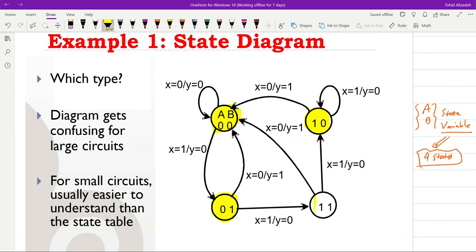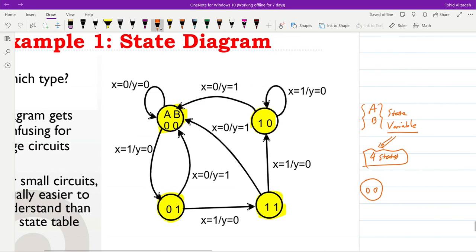Referring to the values of A and B, the state variables, the states are shown here. So instead of S0, S1, S2, and S3, we just directly have written the values for the state variables: 00, 01, 10, and 11. Those are the names that we have assigned to our states.